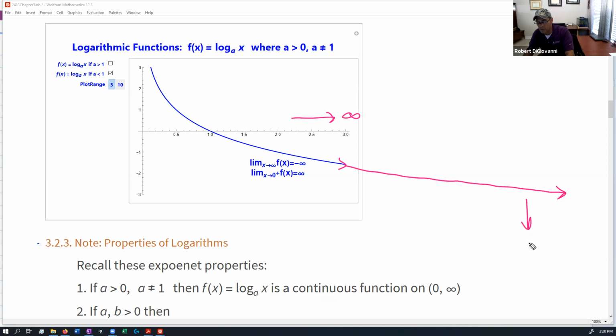And it's headed towards negative infinity. Oh, by the way, this is if the base is between 1 and 0. And then as we head towards 0 from the right, again, we can't go past 0. We got to just get closer. Then at this point, this function heads up to positive infinity. So that's what these two things are saying.